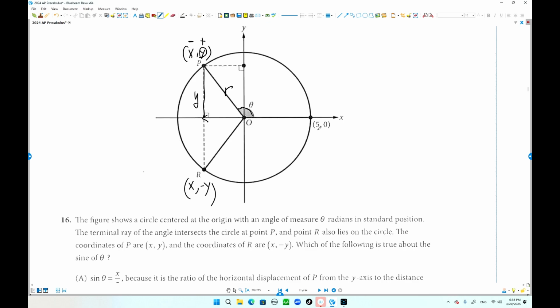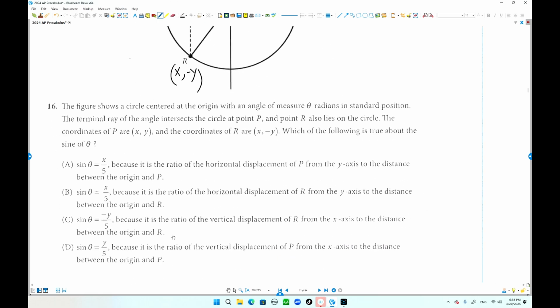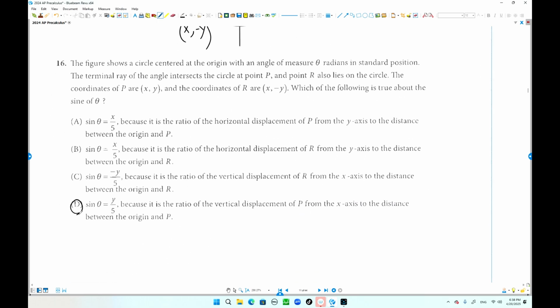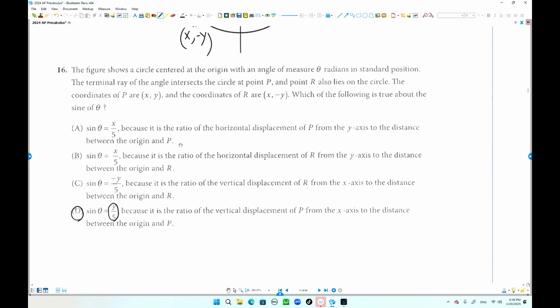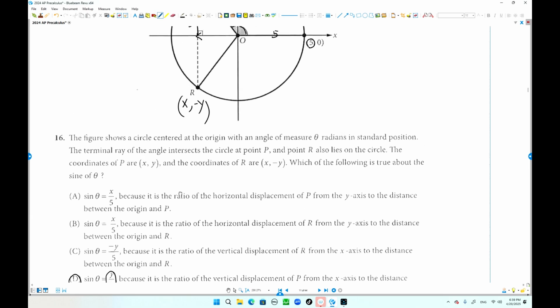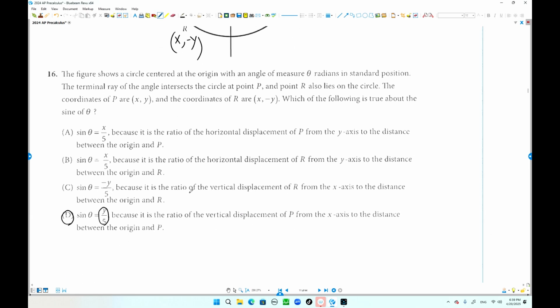But r is given over here as 5, right? This is also 5. So sine theta equals y over r is the answer. Where is y over r? Here you go, okay? Because of the quadrant, sine is positive, y is positive. Cosine is negative, right?